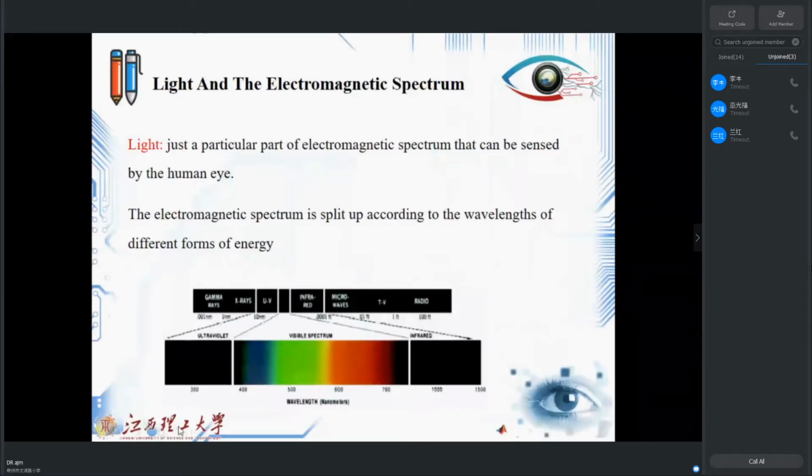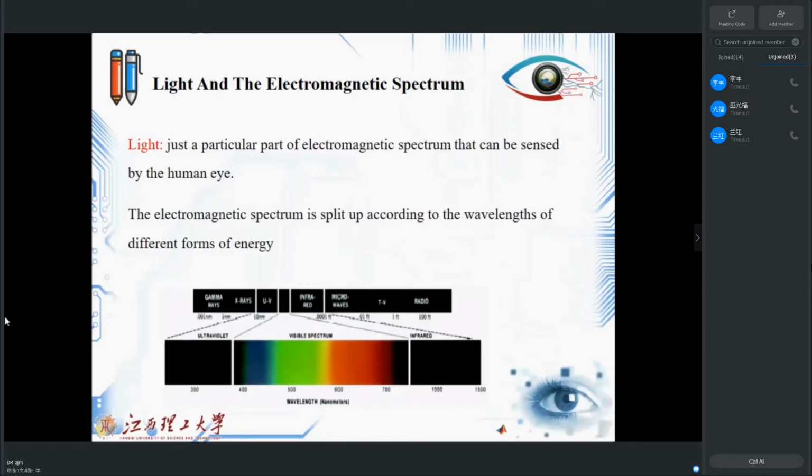What we really need, which is related to our subject, will start from here, which is light and the electromagnetic spectrum. Light, we can call it just the particular part of the electromagnetic spectrum that can be sensed by the human eye.